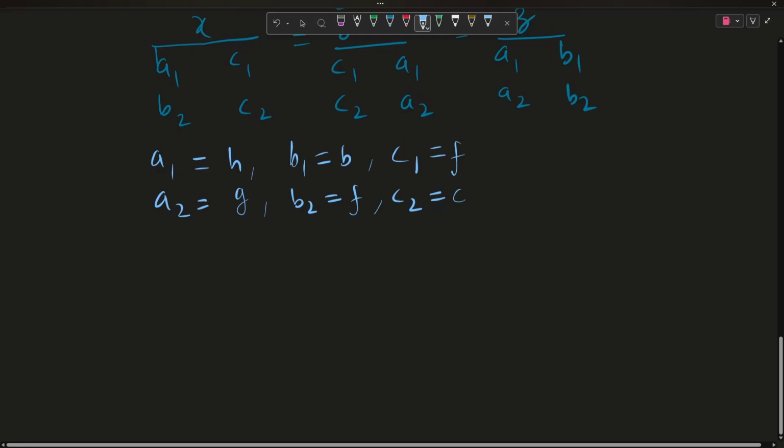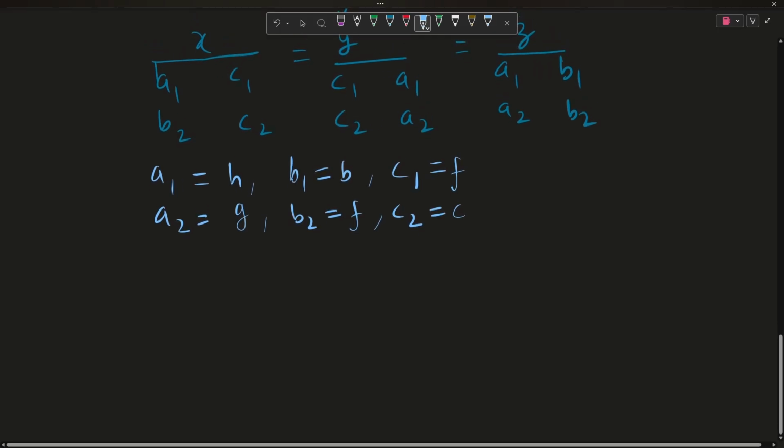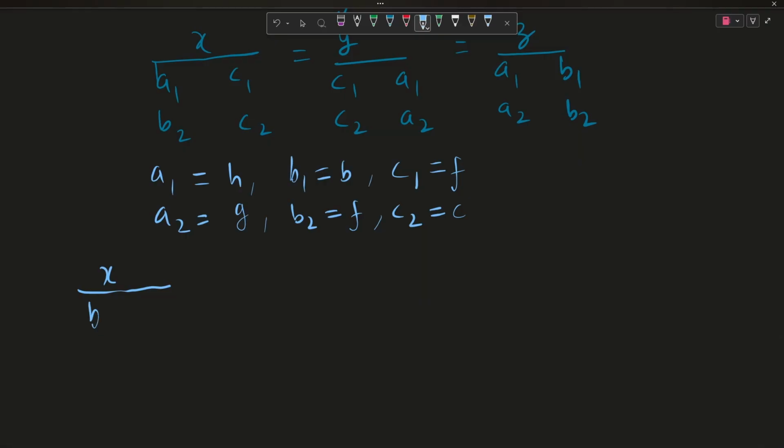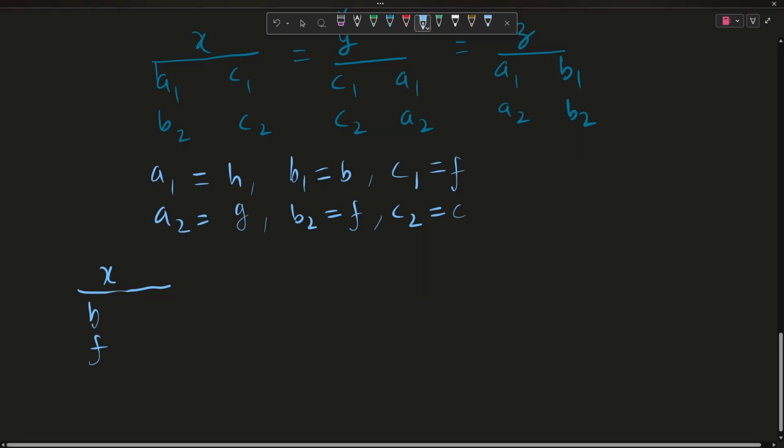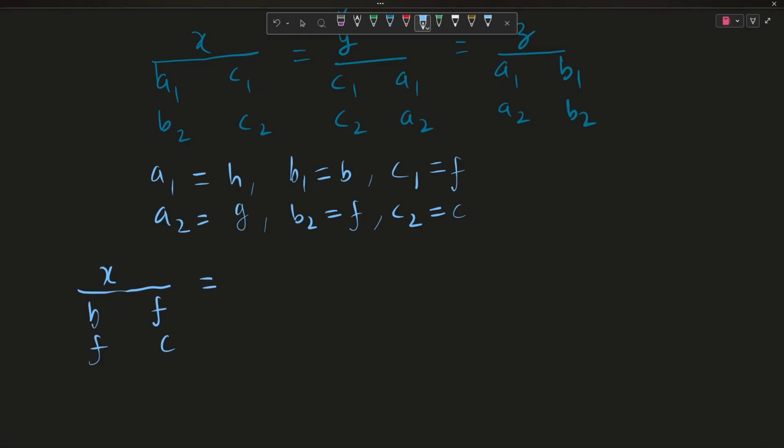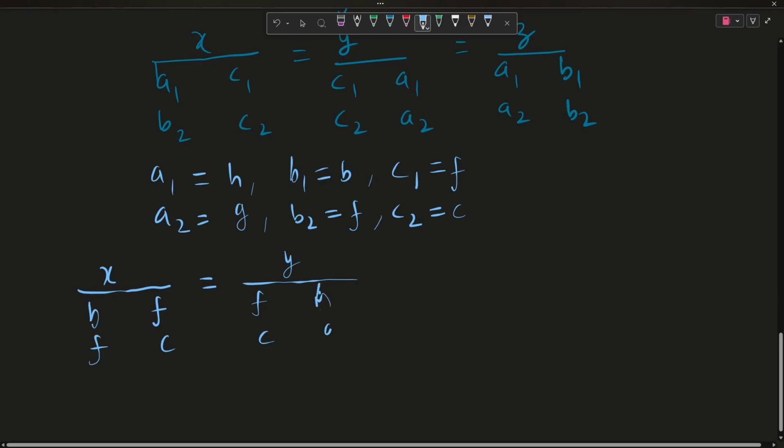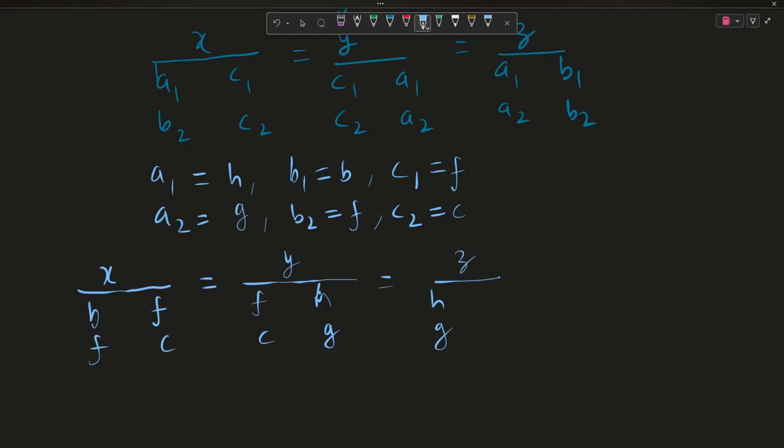Now we will substitute the values. So we can say x upon b upon f, then c1 c2 which is f upon c, is equal to y upon f upon c, h upon g, is equal to z upon h upon g and b upon f. As the name suggests, cross multiply. We will multiply them diagonally.